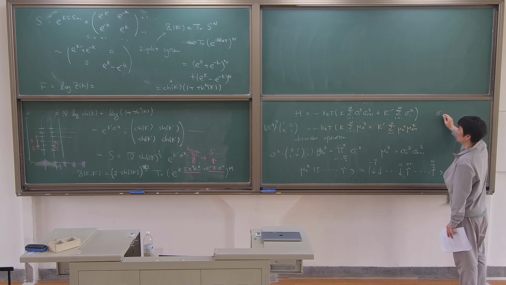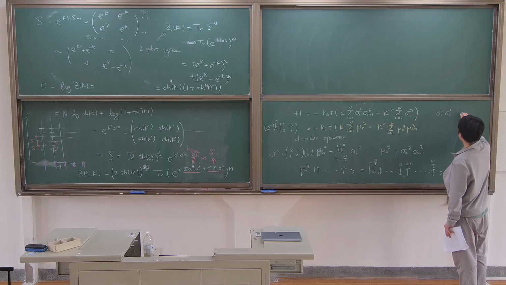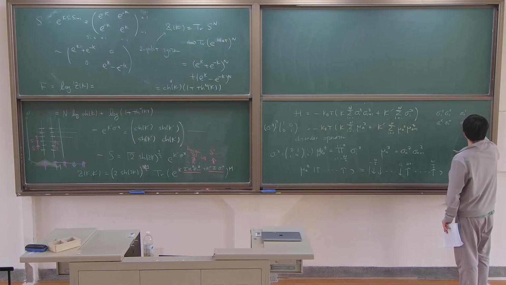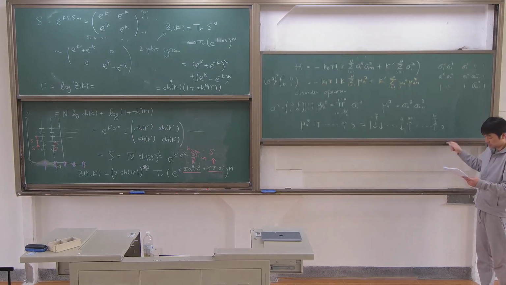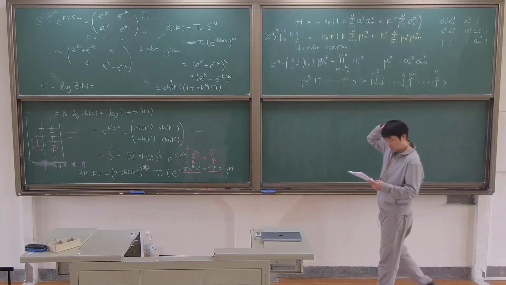So sigma over 1x, 2x, and x. If you multiply this, it will give you 1, 1, 1, and what's left is this. Okay, so that's the case.